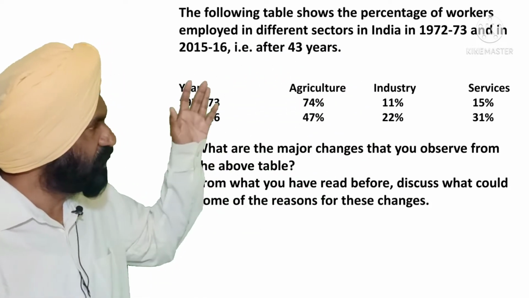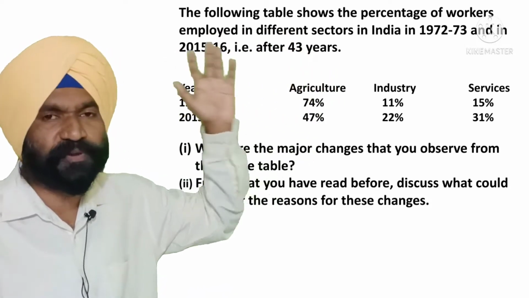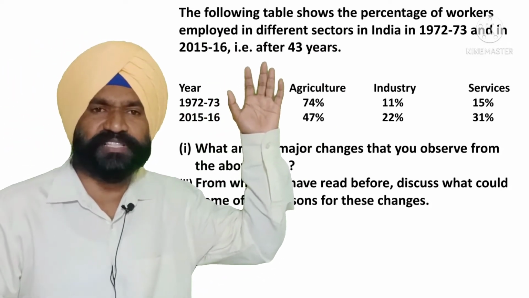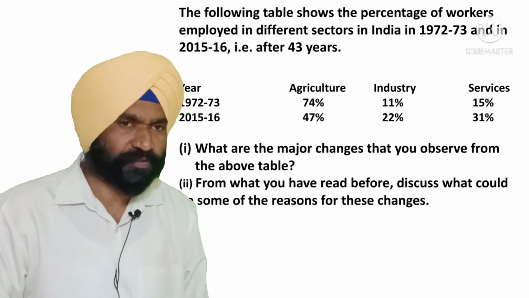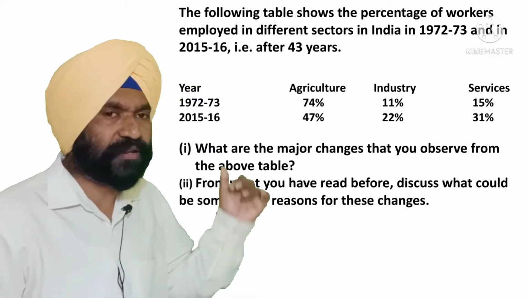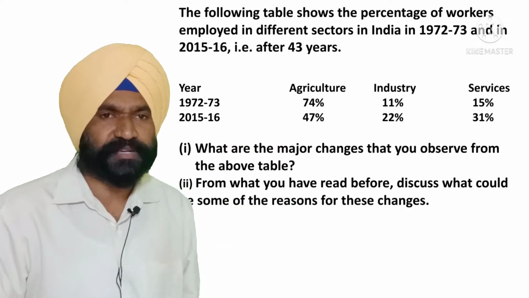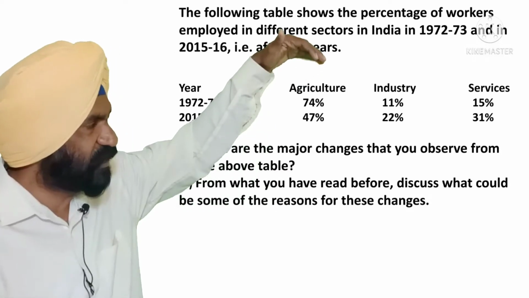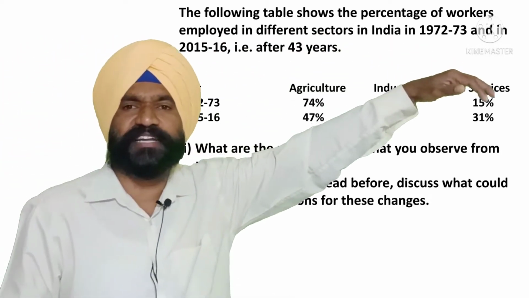Now you see the number of people employed in these three sectors in the year 1972-73 and in the year 2015-16. The years are given here. Primary sector, that is agriculture, secondary sector, that is industry, tertiary sector, that is service.